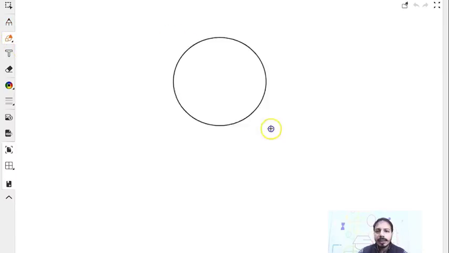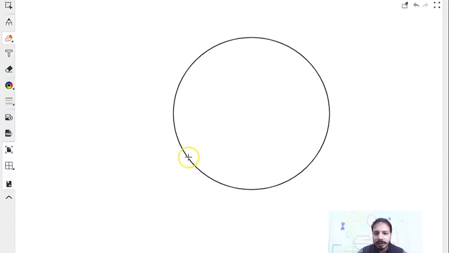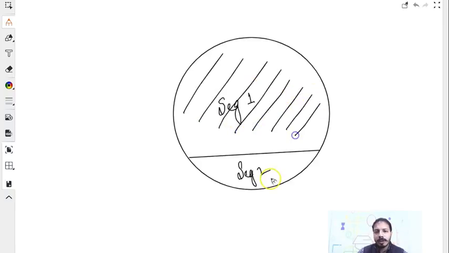Now see, if we have a chord, then also it divides the circle into 2 segments. Suppose I have a chord, and this chord divides the circle into segment 1 and segment 2. If you see, this is the bigger segment and this is the smaller segment.